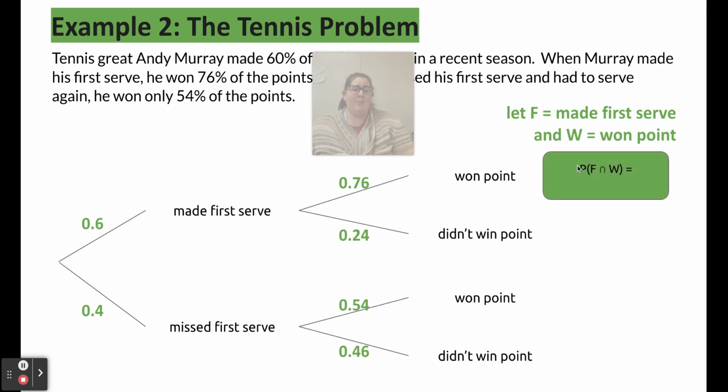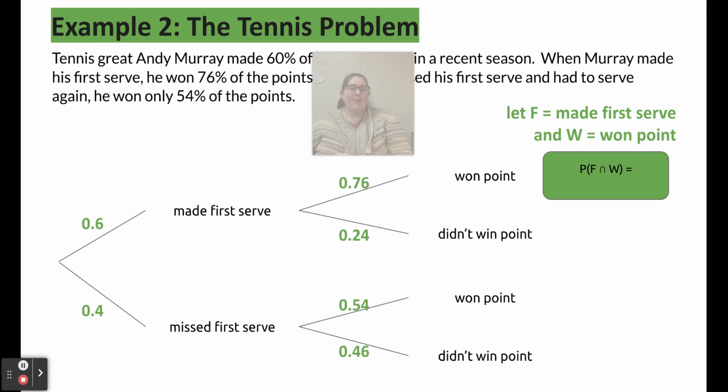So if I wanted to find the probability that he made the first serve and won the point, and we just talked about, if we know they're not independent, or if we don't know they are independent, we can't just multiply probability of first serve times probability of winning the point. However, what we have set up in this tree diagram, 0.6 is the probability that he makes the first serve. Technically, this 0.76 is the probability of him winning the point given that he made the first serve.